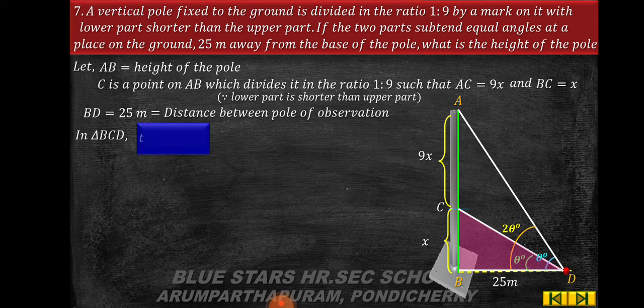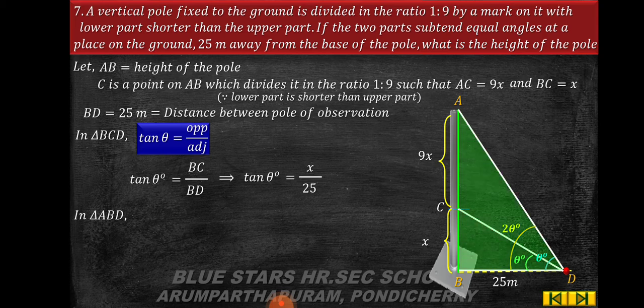So in triangle BCD, tan theta is equal to opposite by adjacent. So tan theta is equal to BC divided by BD, which implies tan theta is equal to BC is x divided by BD is 25.